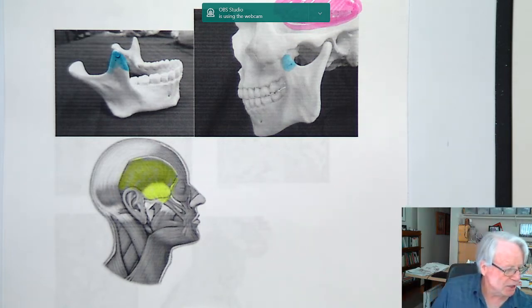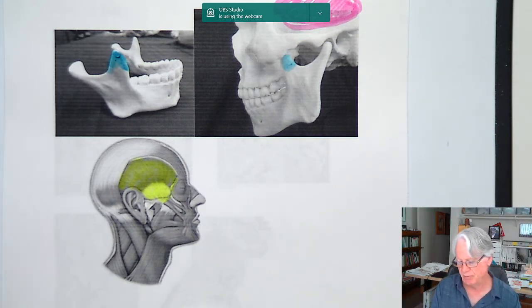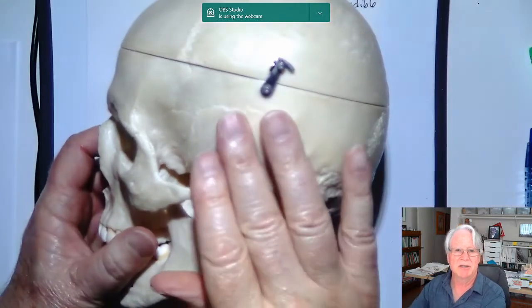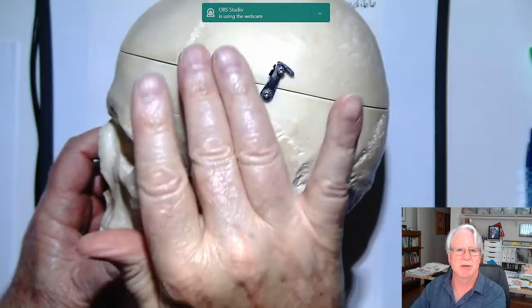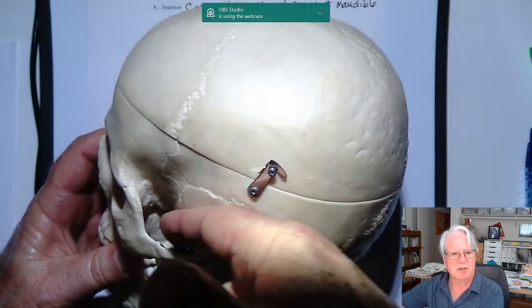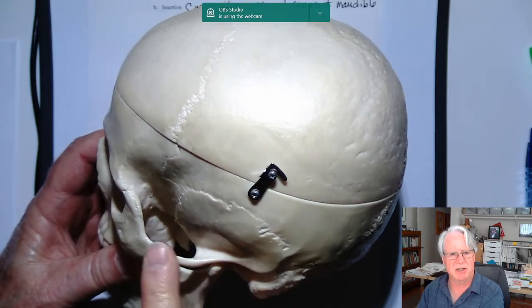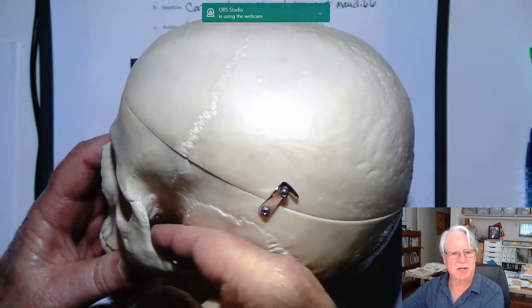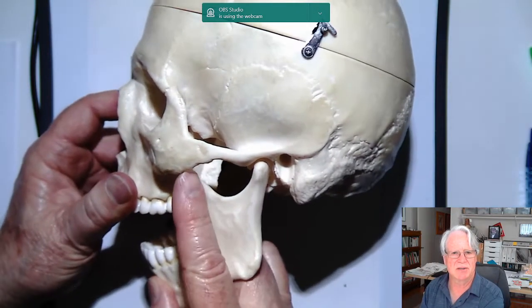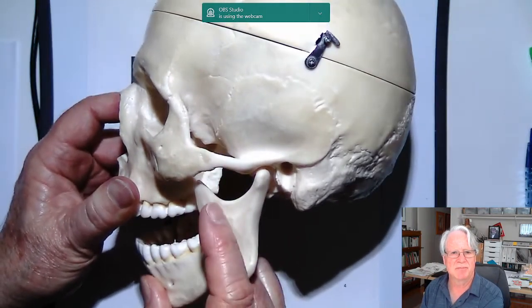So I'm going to use this as an additional aid. This muscle is sitting on the bone here, and then it passes through this opening. The zygomatic arch creates this opening here, and those muscle fibers come down here and attach to this structure right here.